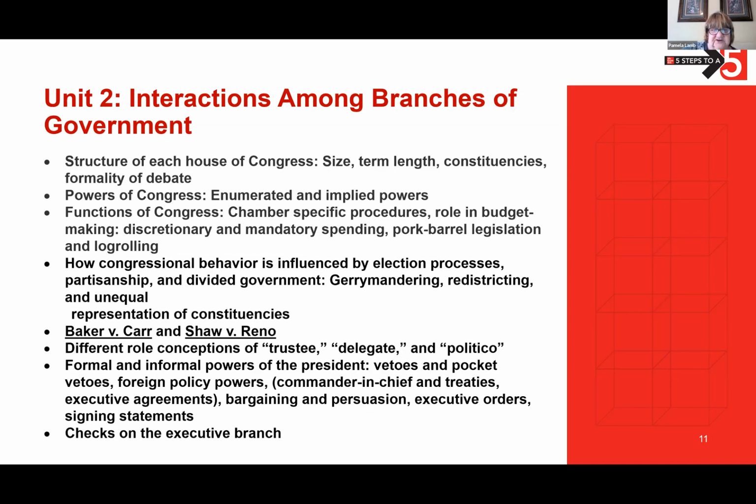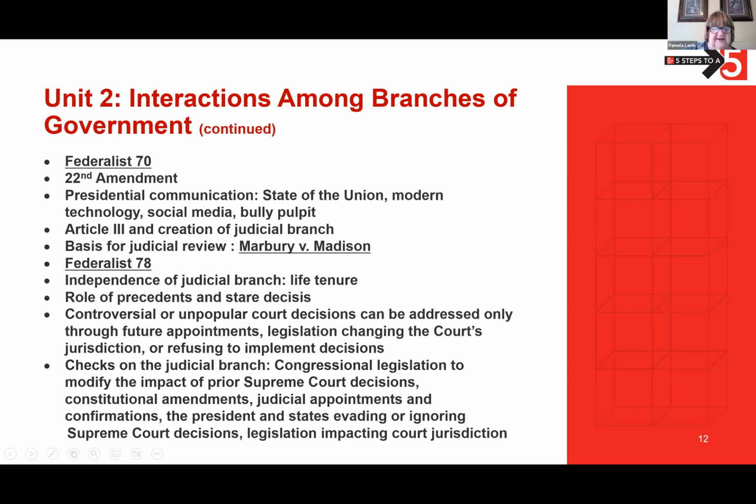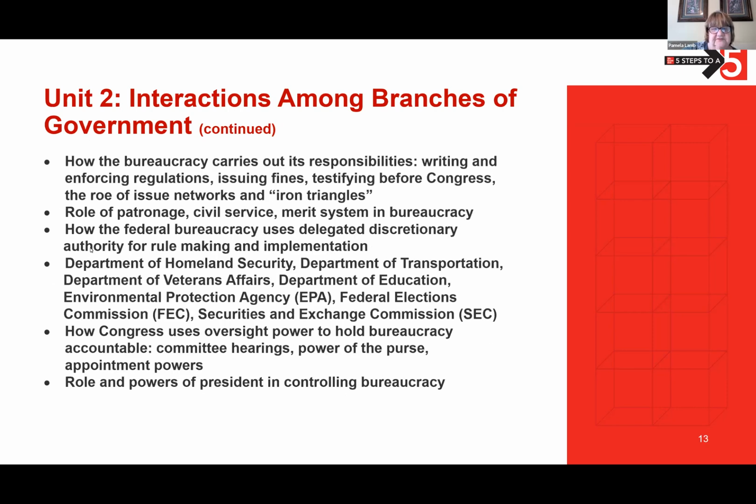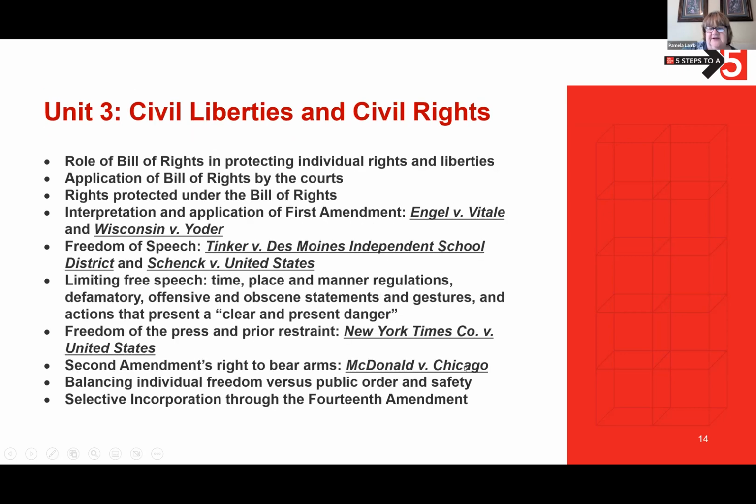There's, of course, Unit 2, the interactions among those branches of government. And again, a couple of court cases there. Federalist 70, 78, Marbury versus Madison, certain departments that you might want to know within the bureaucracy. We've got civil rights and civil liberties, which that particular unit involves most of the court cases.